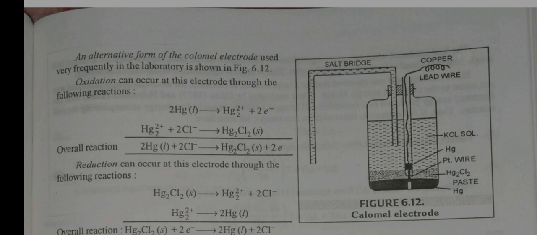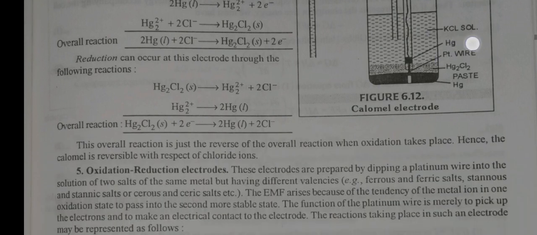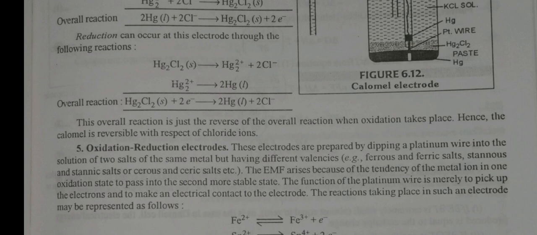The reduction can occur at this electrode in a reversible manner. The overall reaction is just the reverse of the overall reaction when oxidation takes place. Hence, the calomel electrode is reversible with respect to chloride ions.